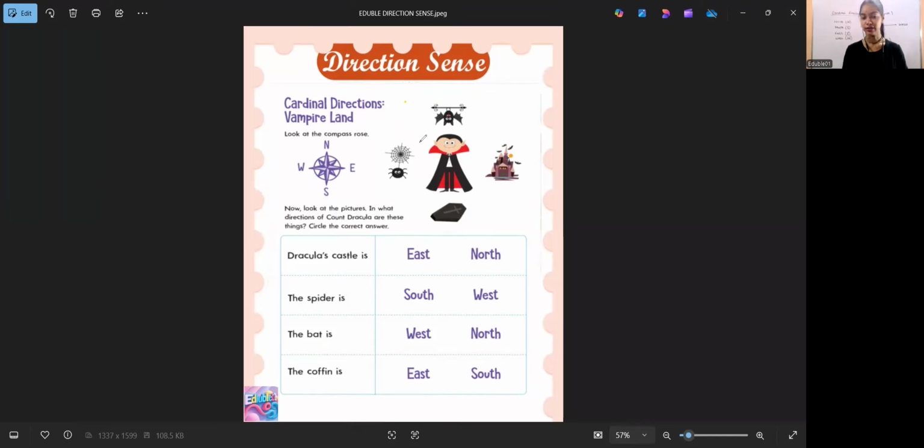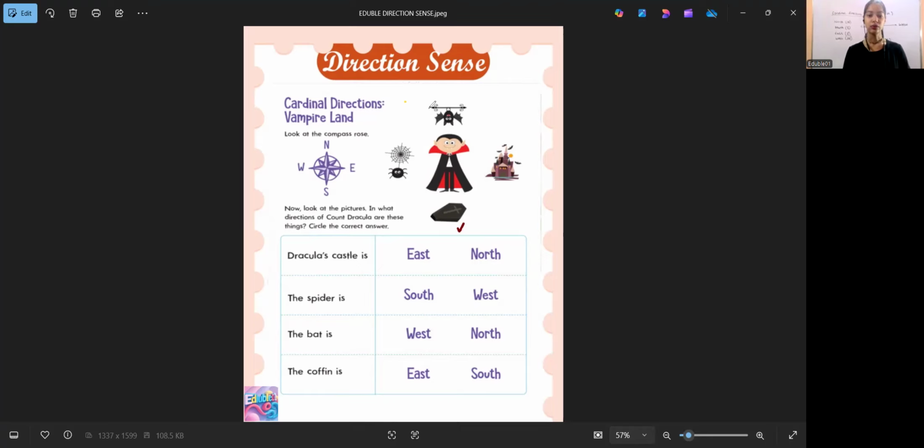On the left hand side there is a spider web. Again, I'm going to say that your spider web will be on right hand side and your castle can be on left hand side because I'm standing opposite from you. So please answer accordingly and mindfully. Now the coffin is under the Dracula.